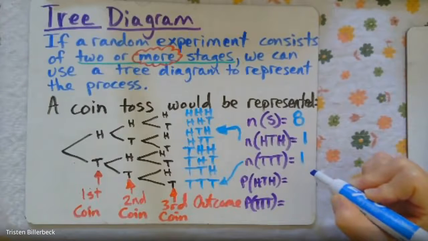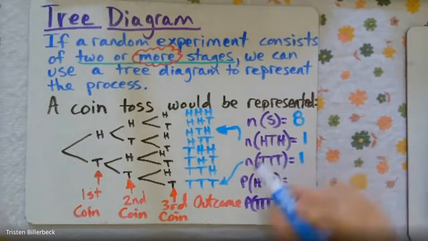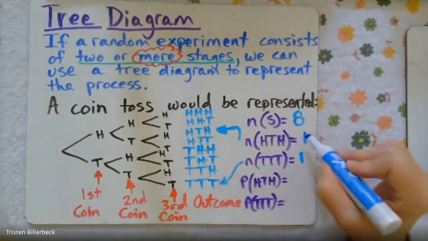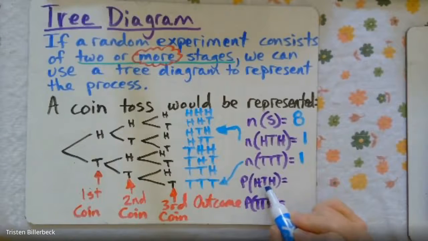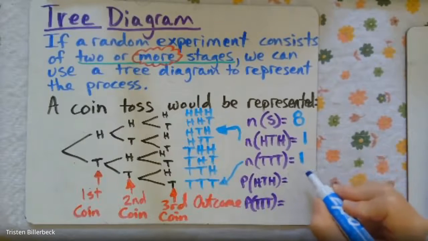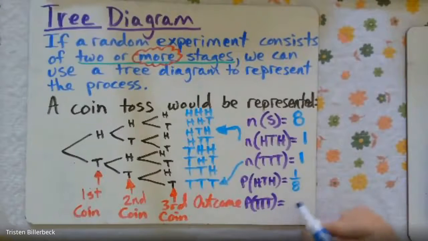So there's one. So one outcome of TTT and one outcome of HTH. So the probability of HTH would be 1/8, and the probability of TTT would be 1/8.